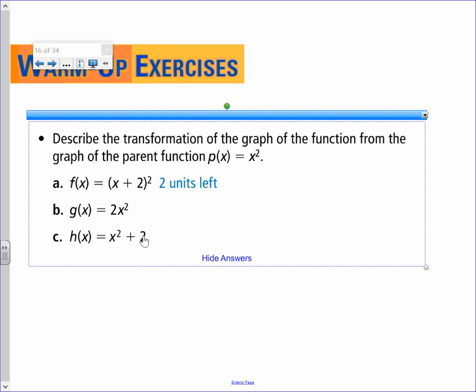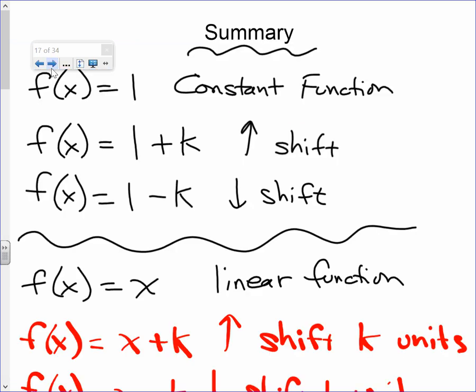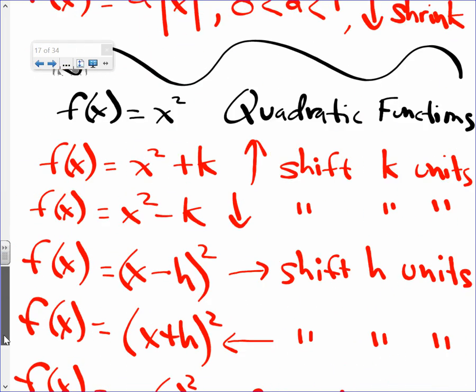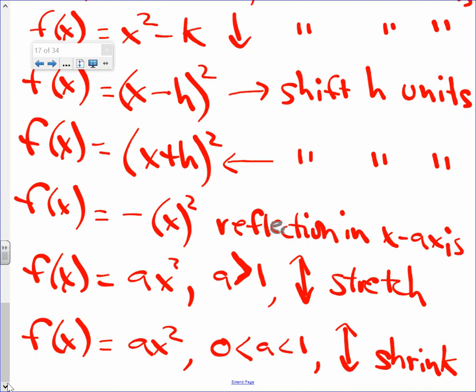Someone besides Gomez, what parent family is B related to? G of x. Someone besides Gomez. What does the parent look like here? It's quadratic also. X is second power. So let me look at my quadratic transformation notes. We have a coefficient in front of the x. Let's see how big that coefficient is.